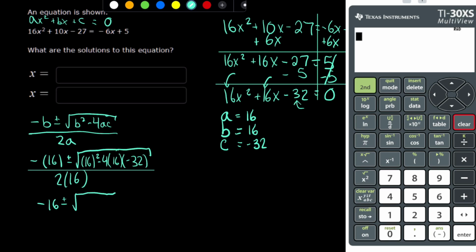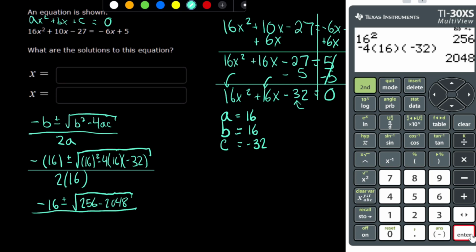Let's work out this square root. 16 squared. So let's go to our calculator. 16 squared equals 256. Negative 4 times 16 times negative 32 all equals, it's a big number, 2048. All over 2 times 16 is 32.